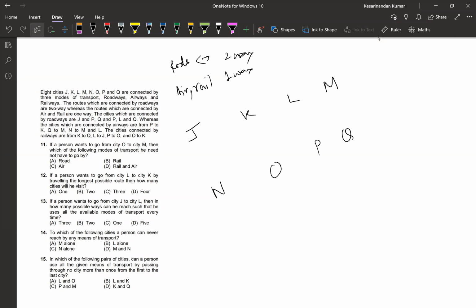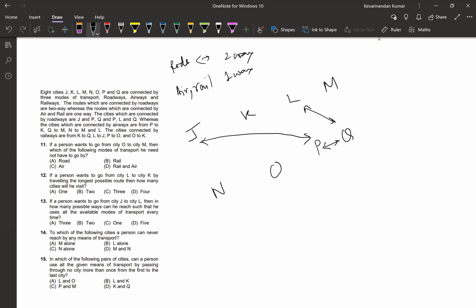So by roads, let's have the notation: J and P, Q and P, L and Q.